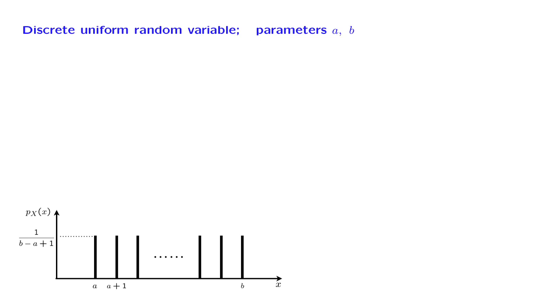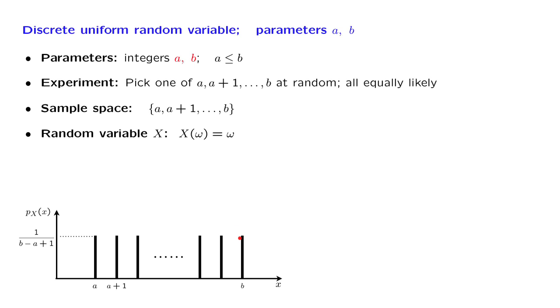A discrete uniform random variable is one that has a PMF of this form. It takes values in a certain range, and each one of the values in that range has the same probability. To be more precise, a discrete uniform is completely determined by two parameters that are two integers, a and b, which are the beginning and the end of the range of that random variable.